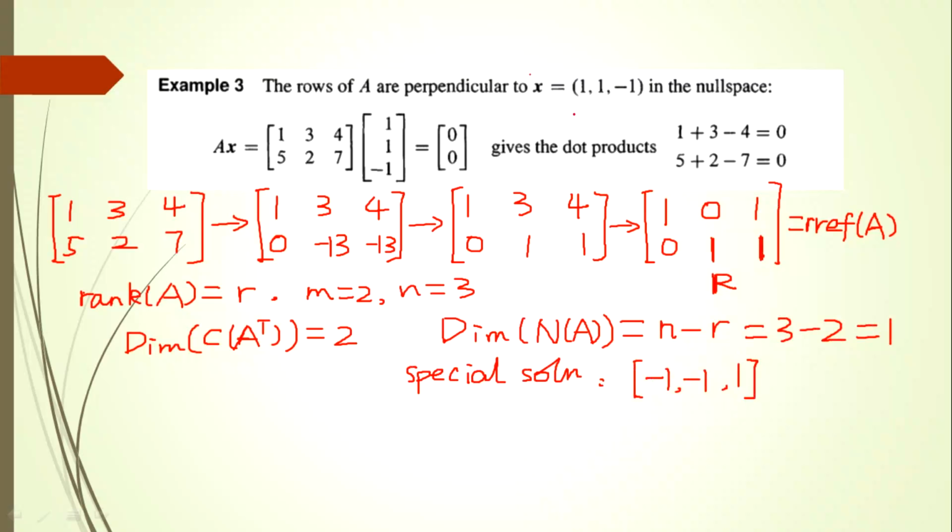You get 1, 1, minus 1. It's a multiple of the special solution, but the dimension is 1. So we figure out those, and according to the fundamental theorem of linear algebra part 1, the sum of those dimensions equals n.